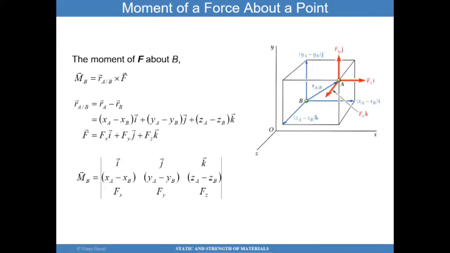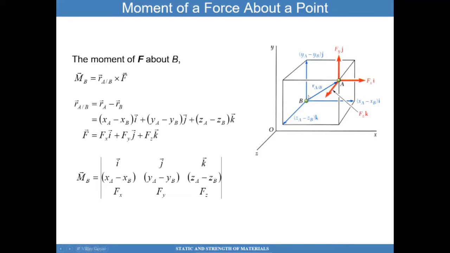What about calculating the moment about a point B that's not at the origin? It's the same thing. First, find the coordinates of this point, and the coordinates of this point. And so if you have the coordinates of those points, you can now determine the position vector that goes from B to A. That's basically subtracting the coordinates in the X, Y, and Z directions of this coordinate and this coordinate.